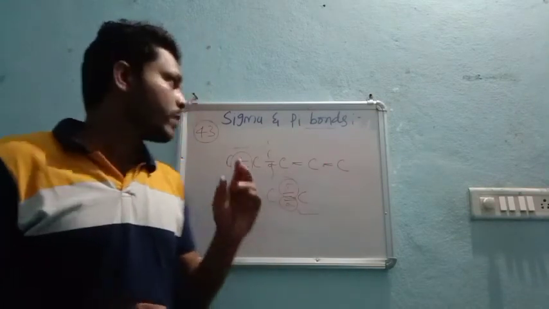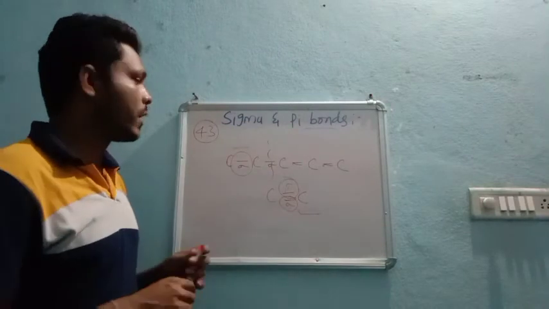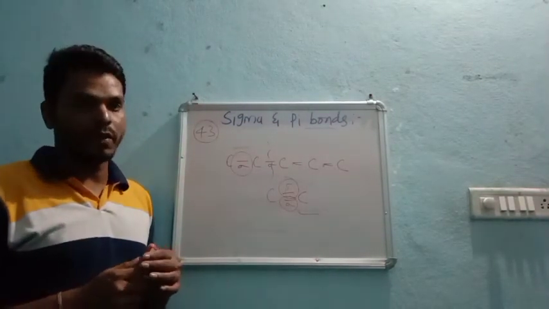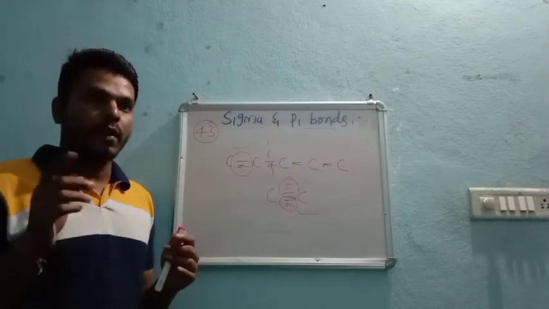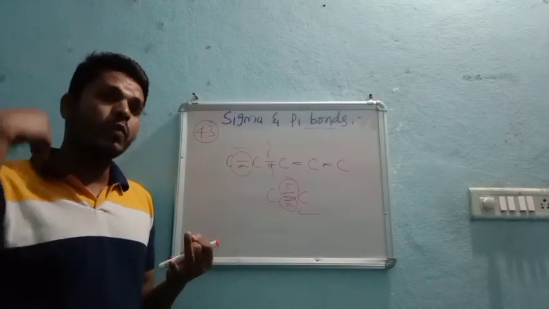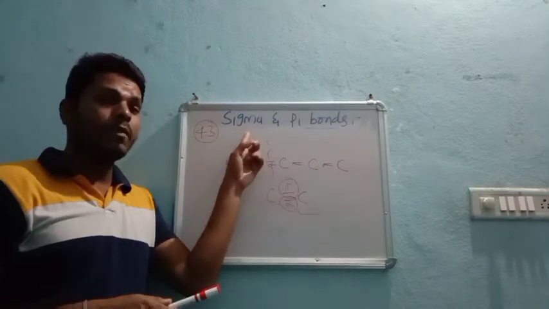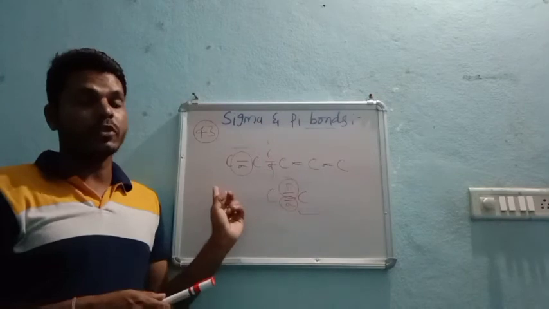From the next video, I will definitely be dealing with organic chemistry, which is very basic. In organic chemistry, we will learn nomenclature, then reactions and types of reactions and everything. Again, we will come back to sigma and pi bonds in organic chemistry separately.